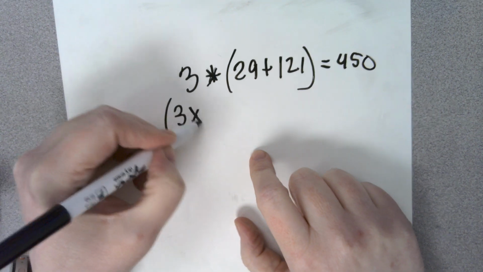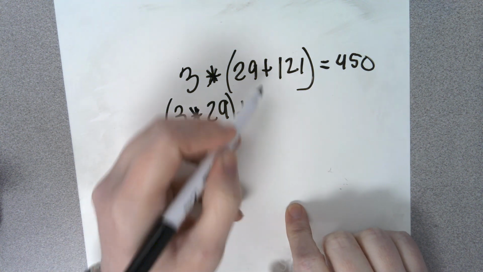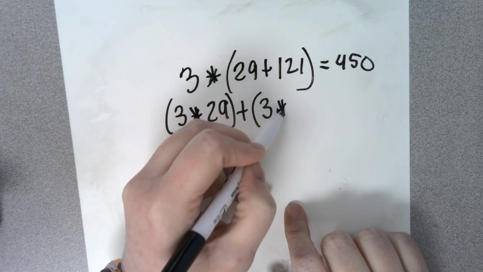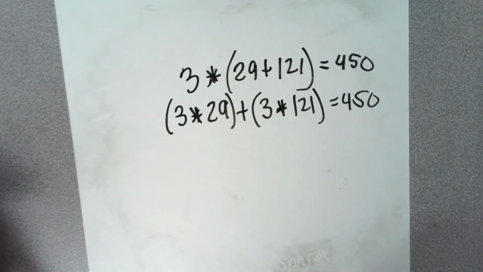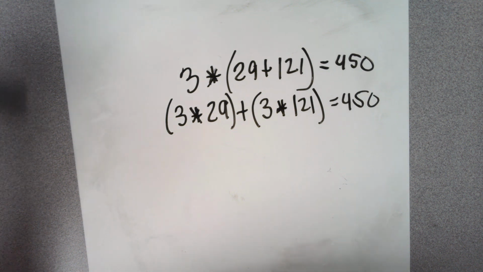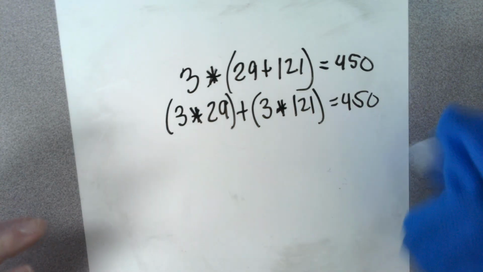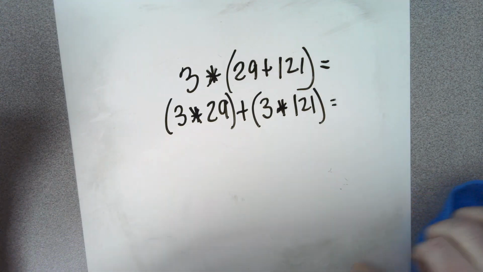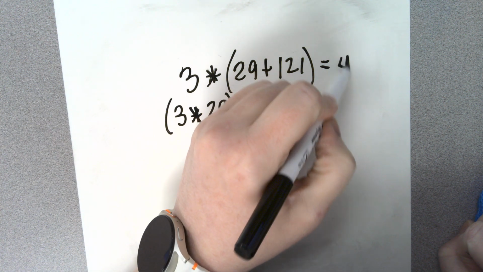So then it becomes 3 times 29 plus, because it's the same symbol, 3 times 121 equals 450. Right? Or, I'm sorry, does not equal 450. That's going to get a way bigger number. Actually, it was 450.